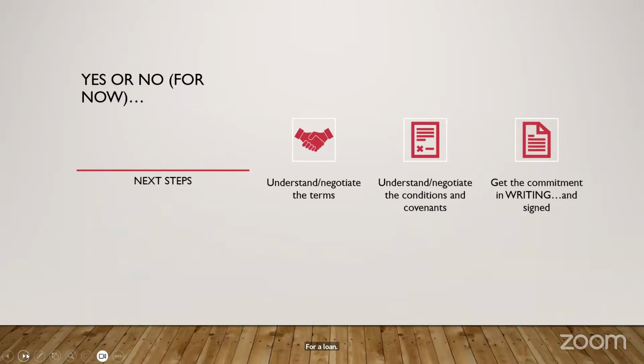So if it's yes or no for now, the next steps would just be to explain it to the borrower. What the loan officer does is they go back to the borrower, let them know, hey, this is the reason why we're going to proceed, or hey, this is the reason why we decided to decline it. And at this point, what they do is understand and negotiate the terms. This is what the committee decided.